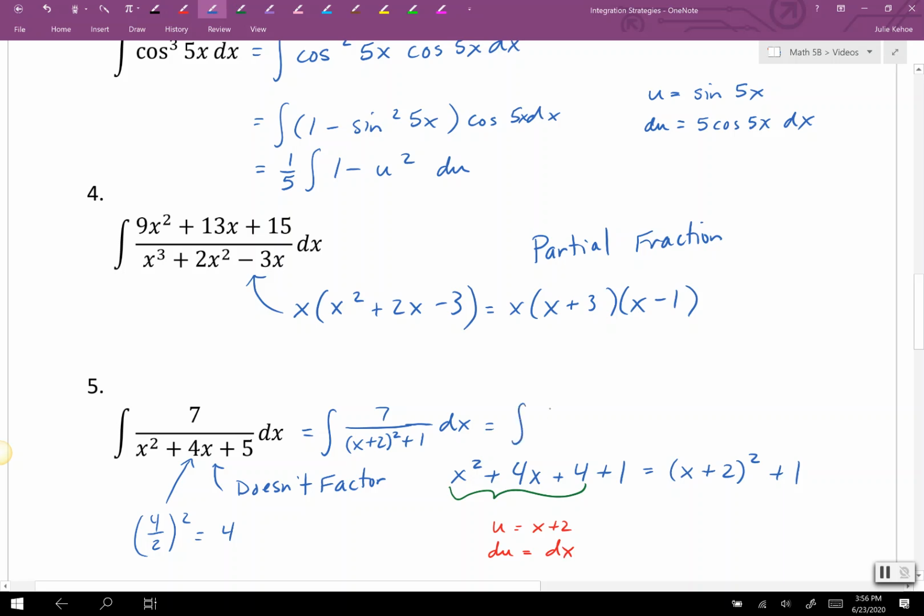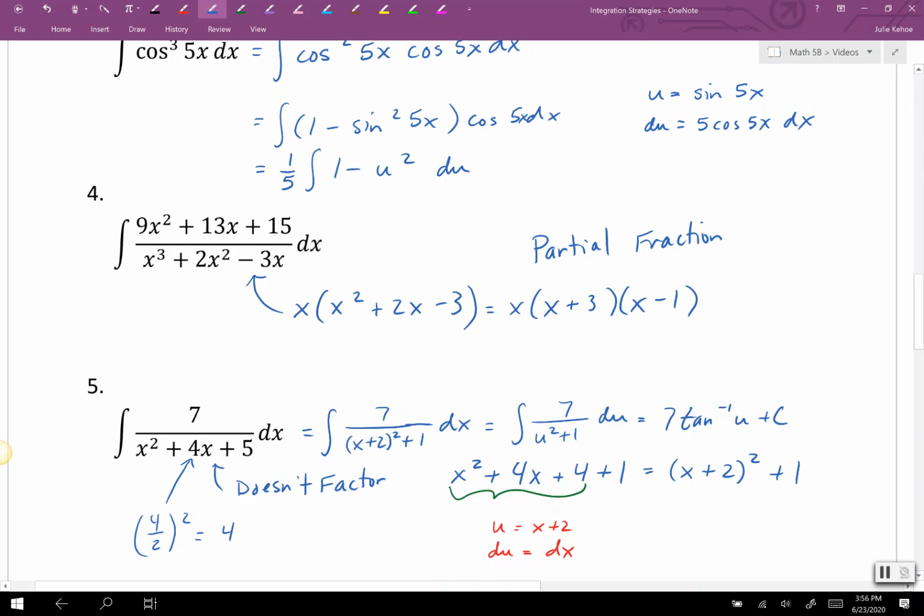And then I have a 7 over u squared plus 1 du. And that is a formula that I can use. That is tangent inverse. So this would be equal to 7 tangent inverse of u plus c.